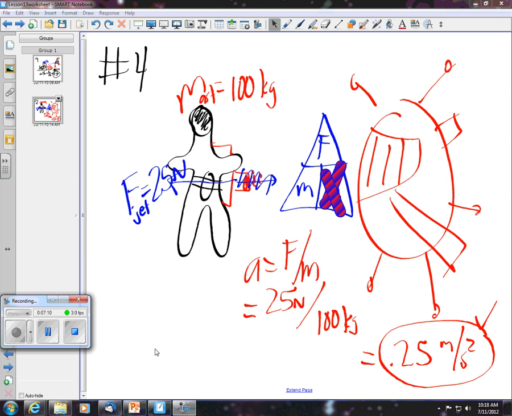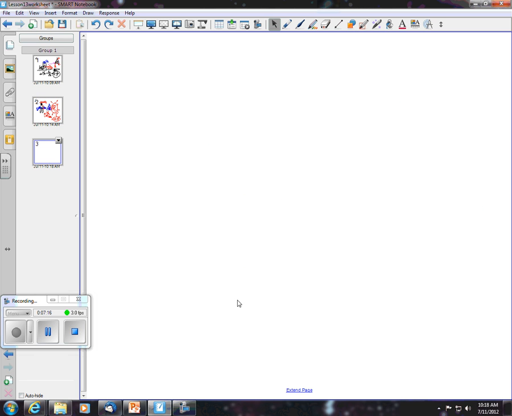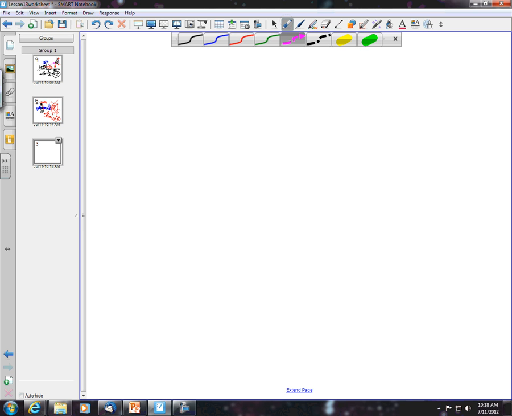All right. Now this one's a personal favorite of mine. Number 6, the bear. It says a 400 kilogram bear grasping a vertical tree. So they try to simplify it as much as possible for us, right? A vertical tree. Let's see if I can draw a bear.